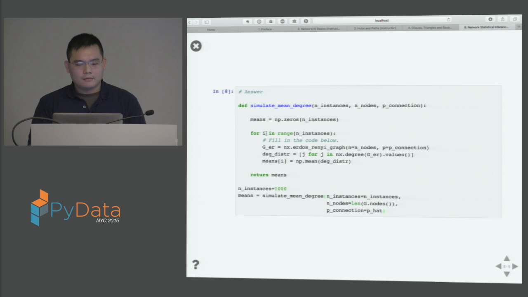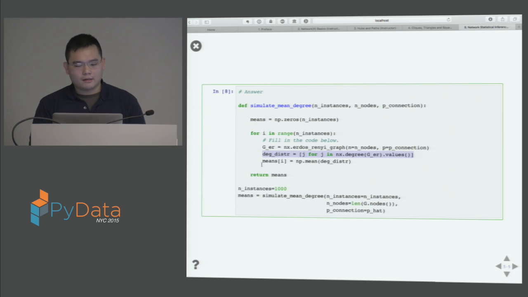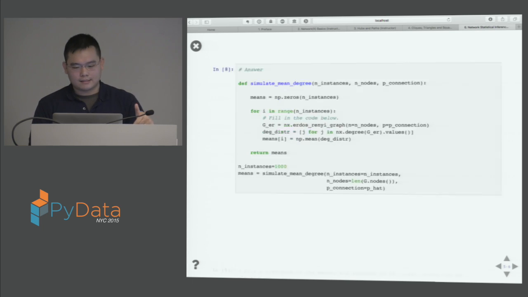So basically, what we're doing here is we're calculating the degree distribution over here. We're drawing 1,000 instances of the ER graph, figuring out the degree distribution, and then calculating the mean. We're storing the mean in the NumPy array, and so we have the distribution of mean values over 1,000 instances.